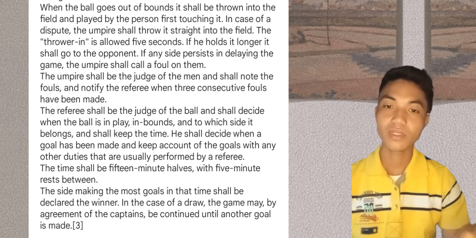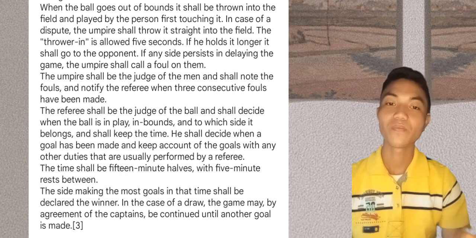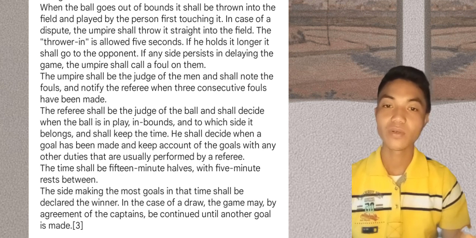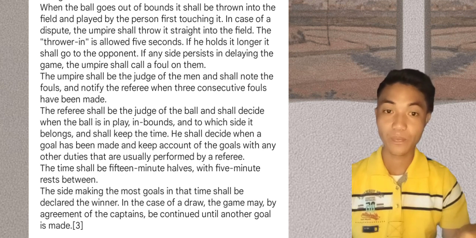If any side persists in delaying the game, the umpire shall call a foul on them. The umpire shall be judge of the men and shall note the fouls, and notify the referee when 3 consecutive fouls have been made.